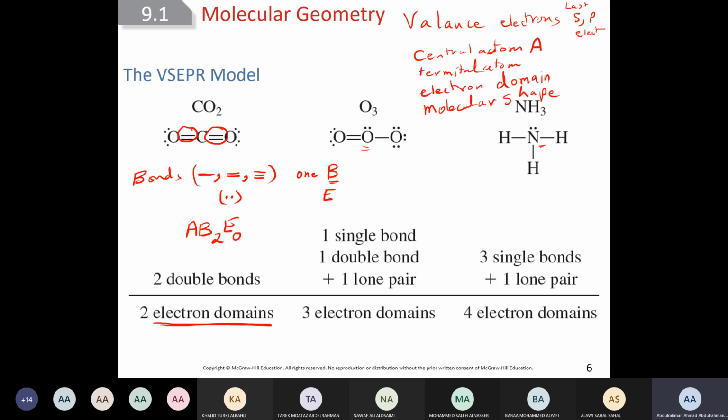Good. Let's do it for this oxygen now. I will call the central atom A. And each one of these, I'm going to call B. How many B do we have?